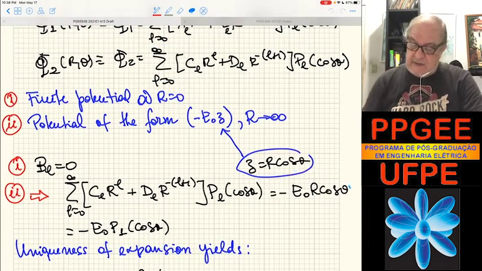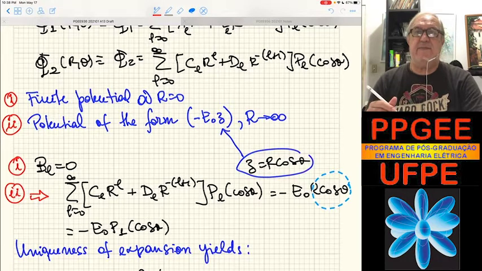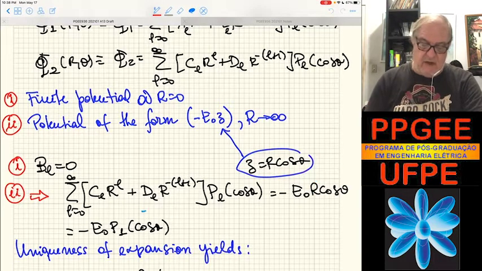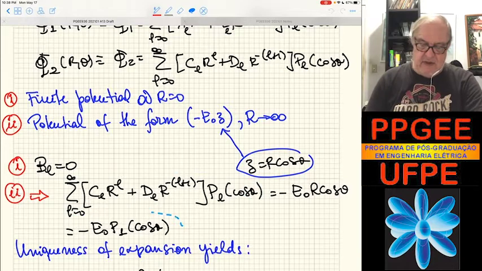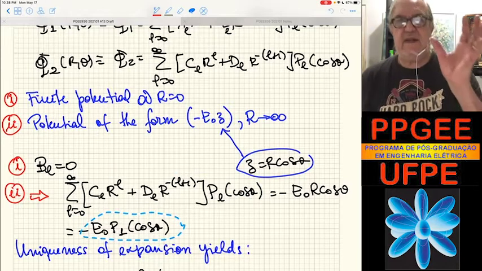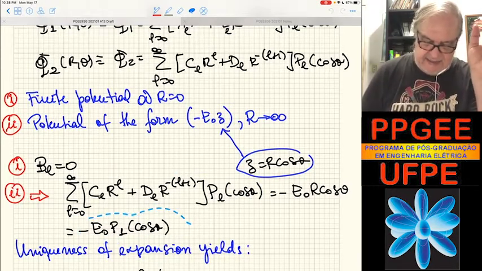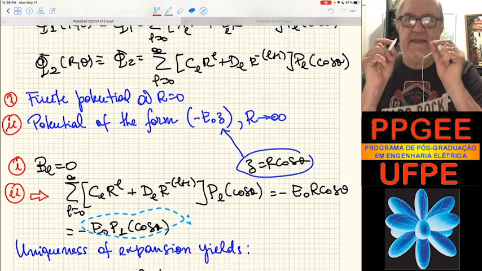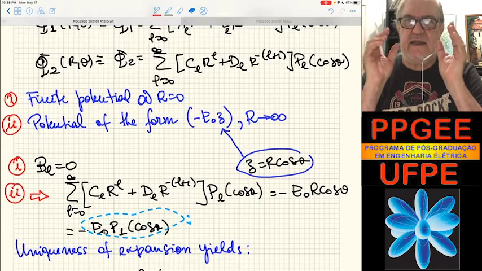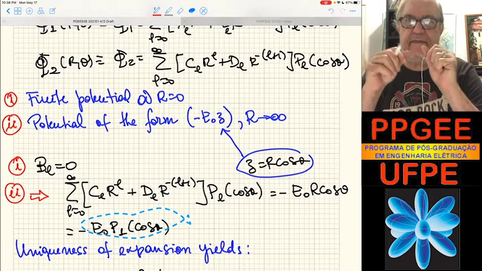Recall that cosine theta is the Legendre polynomial of order 1. So we have an expansion on one side, and only one term on the other side. It means that we have to match both expansions term by term.